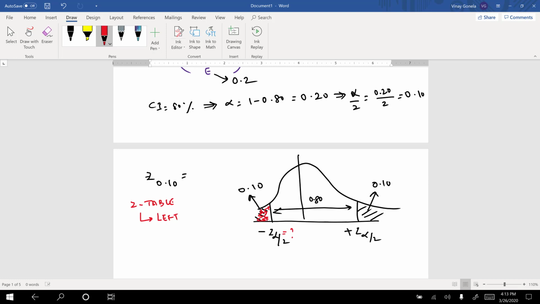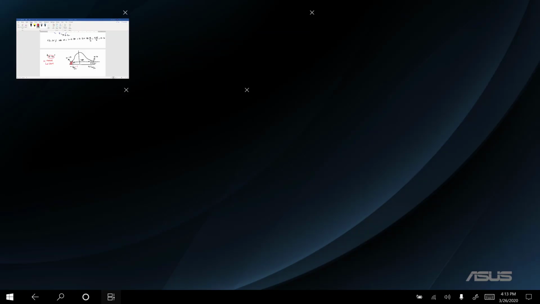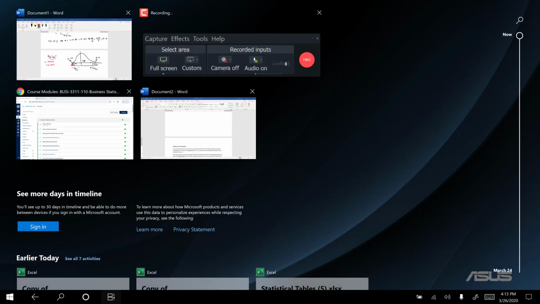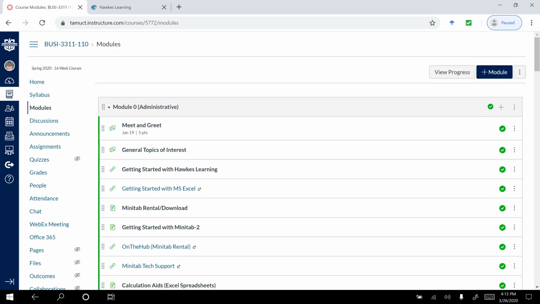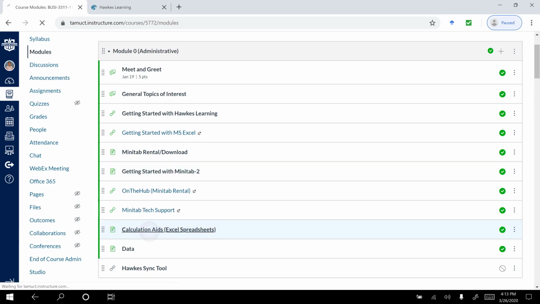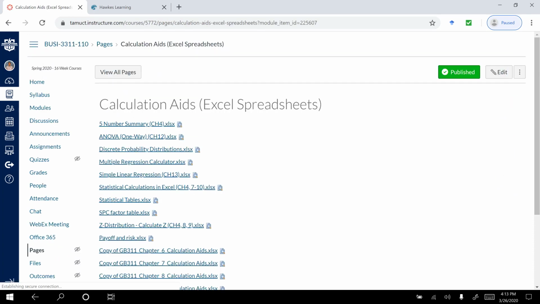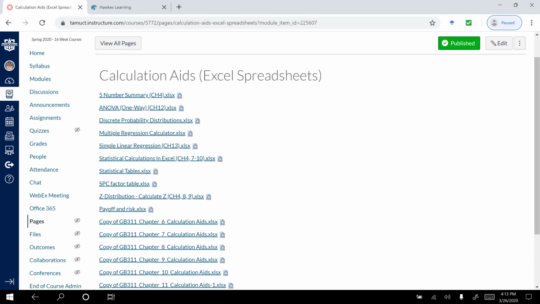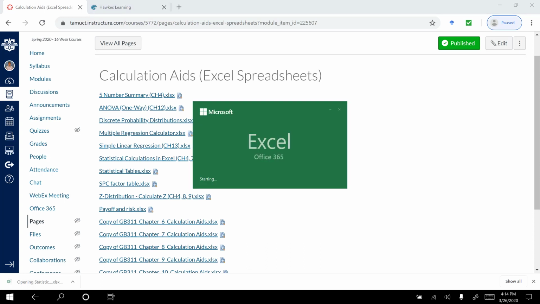So z at 0.10, we will go and download our statistical tables. So I will go to our Canvas, go to module 0 and calculation aids, and in this I will go to statistical tables and open this statistical table.